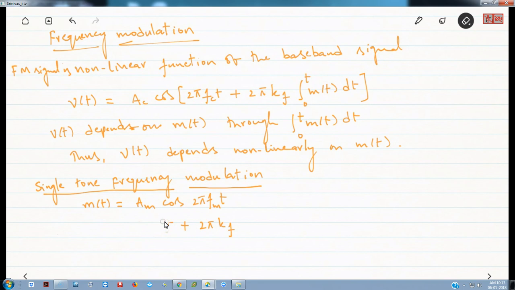We'll go to this equation after 5 minutes. We need to see some more stuff before we go to that equation.